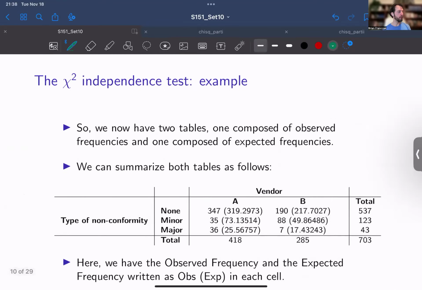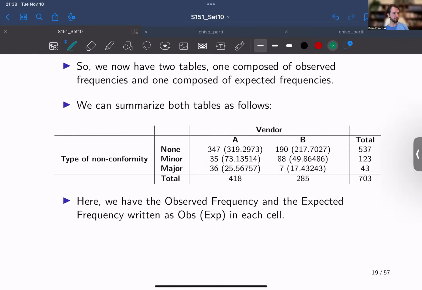All right, now, once you have the expected values, you can start the test. Now, I have summarized the information by putting the expected values in brackets next to the observed counts. You don't have to do this. This is not a requirement of the test. I have just done this here so that we can see everything together.